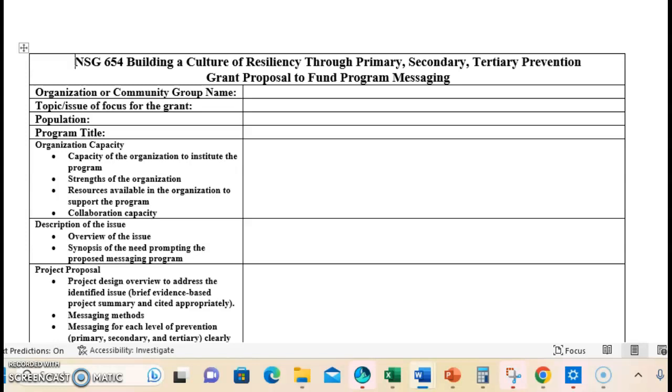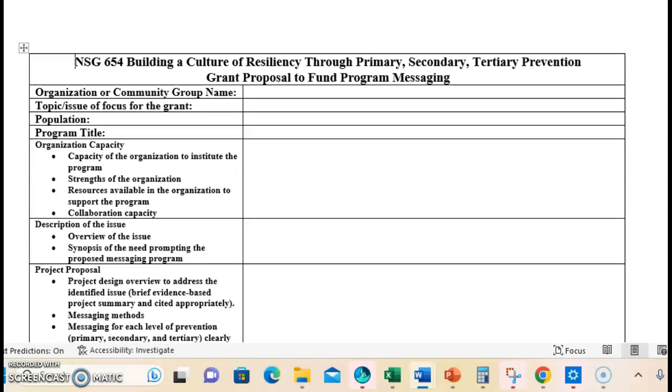Remember, the purpose is to examine 3 levels of care and develop a program to improve population outcomes through a health messaging project. You will develop a fictitious grant proposal and budget around that project. I want you to type directly into the form.